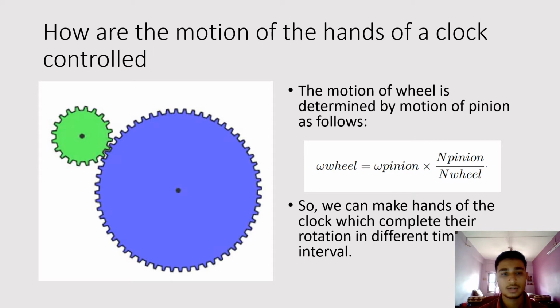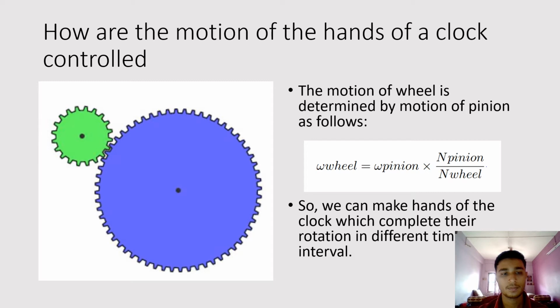As one tooth of the green pinion advances, so does one tooth of the blue wheel. Here the green wheel consists of 20 teeth and the blue consists of 16. So when the green one advances by 20 teeth, it completes one revolution.